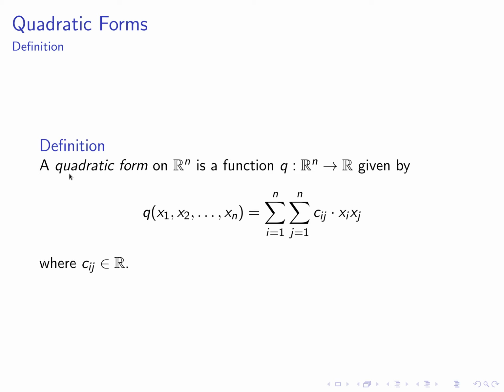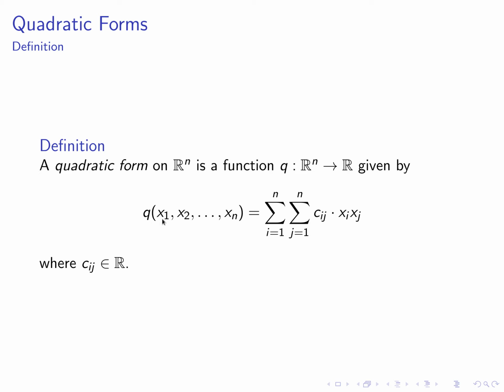By definition, a quadratic form on Rn is a function, which we'll denote by lowercase q, that accepts n inputs and has one scalar output. And the formula for this function needs to take a certain structure.